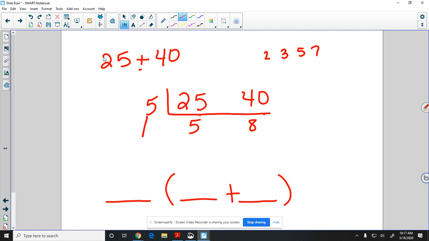So remember our 5, our GCF is going to drop out to the side, and everything just slides into place. All right, so this is how we use the slide to find the GCF and the LCM, and how we use it to find the distributive property.